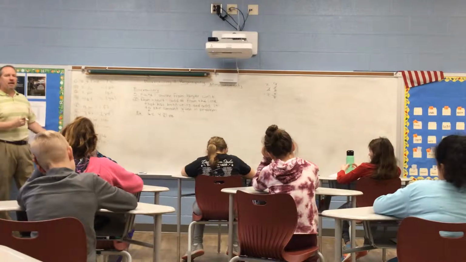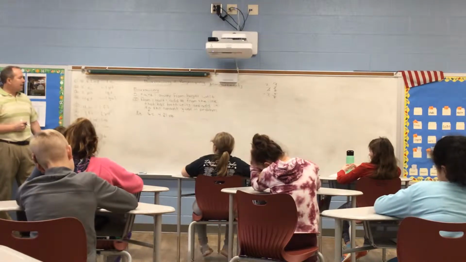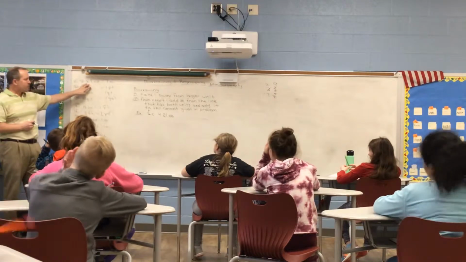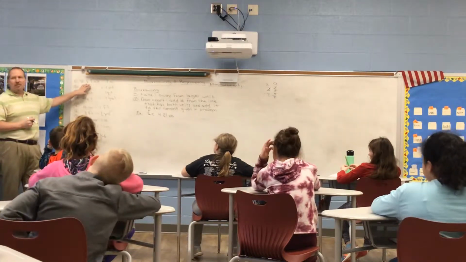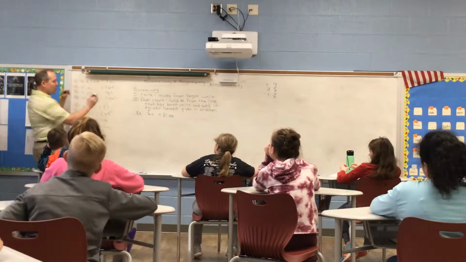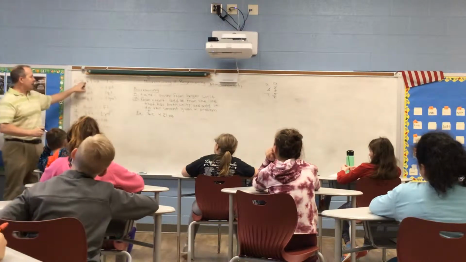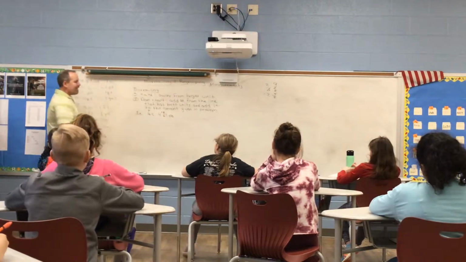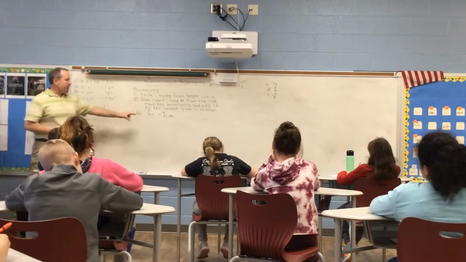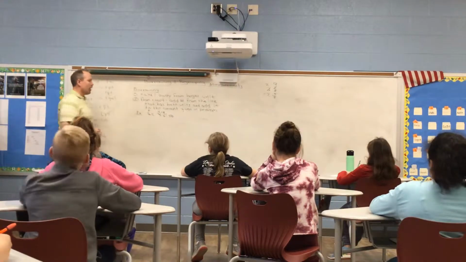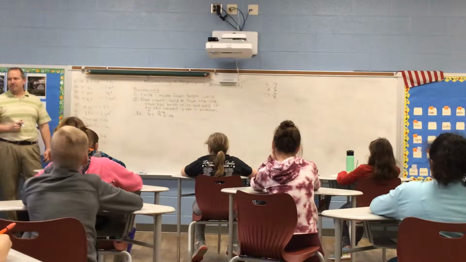Okay, we're borrowing from the cups. Now, we look at the line that has cups and fluid ounces, which is line 1. 1 cup is equal to how many fluid ounces? 8. So, we're going to take that 1 cup that we borrowed and change it into 8 fluid ounces. Then we're going to add that 8 to the 4 that we already have, giving us a total now of 12 fluid ounces.